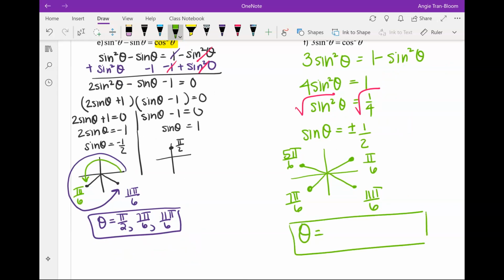So write that in order in your notes. Okay. Now, our next example, it's going to be calculator required because it asks you to round to 2 decimal places. So go ahead and take out your calculator. If you don't have one, stretch your legs. Go and borrow one. With a calculator, if you already know how to solve using a calculator, you go for it, okay?